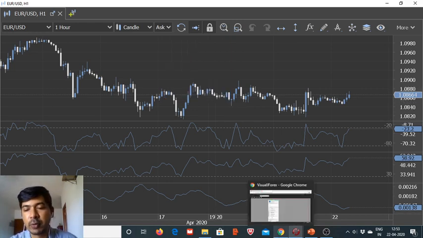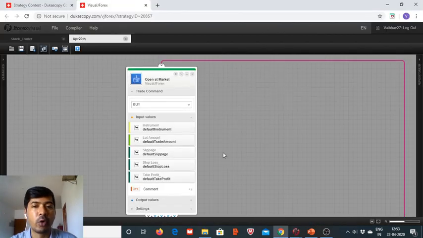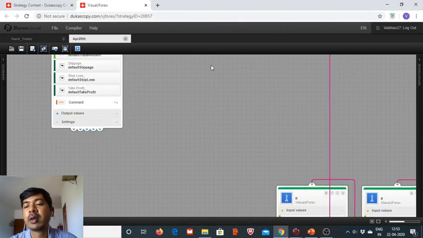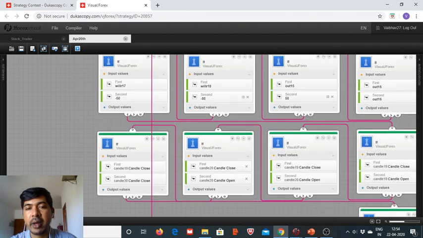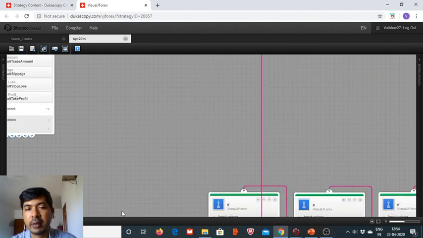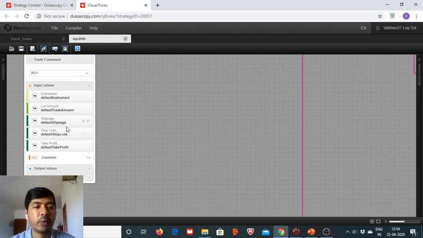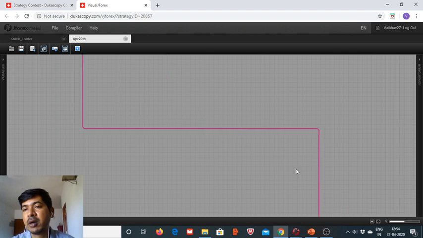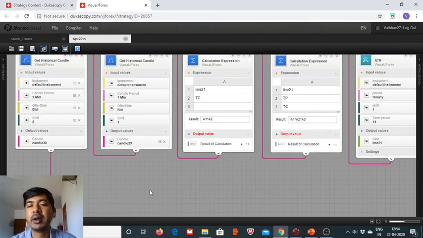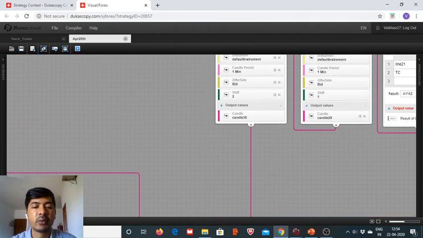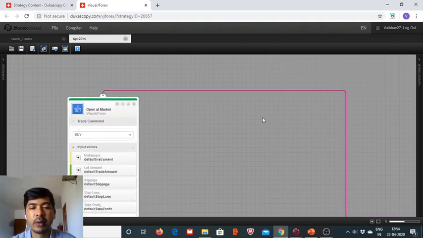So both ways you can do it. If you want to go for a market open, then this setup is almost complete now, and you can put in this result of the calculations here, and you will get the entry and the exit point, that is the stop losses and the target prices for the market open.